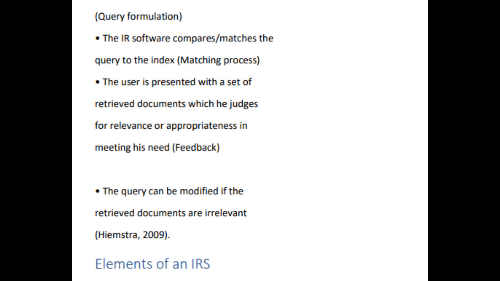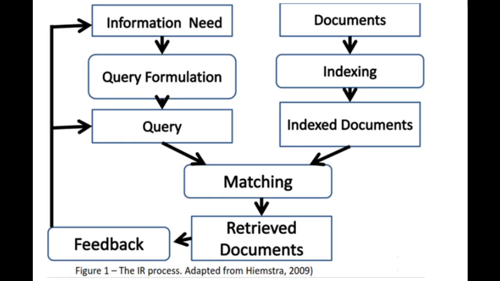The IR software compares/matches the query to the index. Matching process. The user is presented with a set of retrieved documents which he judges for relevance or appropriateness in meeting his need. Feedback. The query can be modified if the retrieved documents are irrelevant. Hiemstra, 2009. Elements of an IRS.